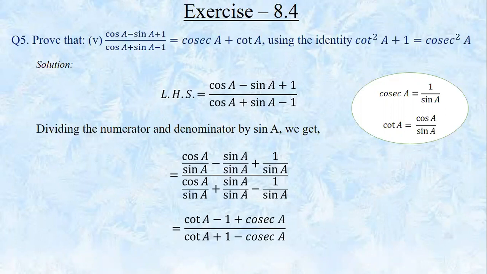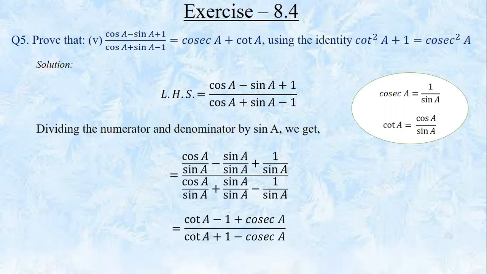A few methods might be very lengthy and a few might be very easy, meaning you can get the answer in a few steps. But the number of steps does not matter. But if the question mentions that you have to use this formula, then you can use only that method. So for this question, we are asked to use the identity cot square A plus 1 equal to cosec square A.